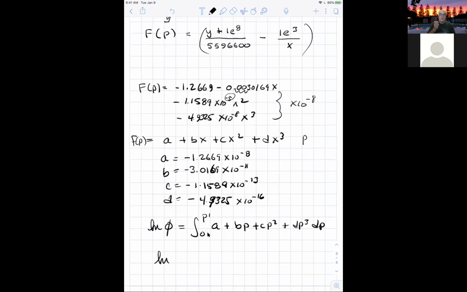To get the fugacity coefficient for, say, 100 bar, you have to integrate from 0 to 100. If we want it for 200 bar, then we integrate from 0 to 200. So this is really a function of pressure itself. You can't just get one value. The fugacity is pressure dependent.